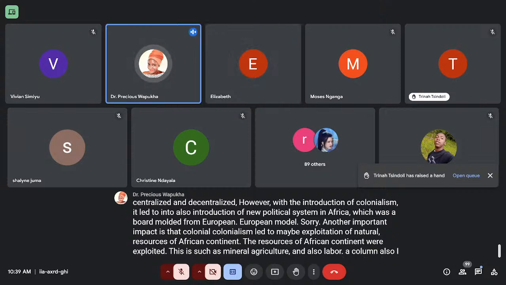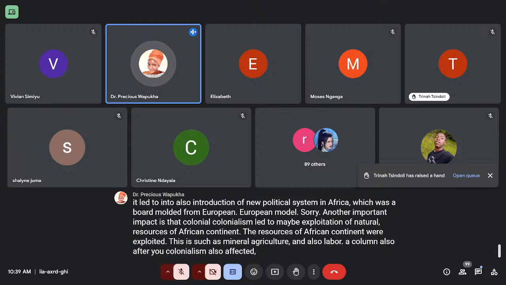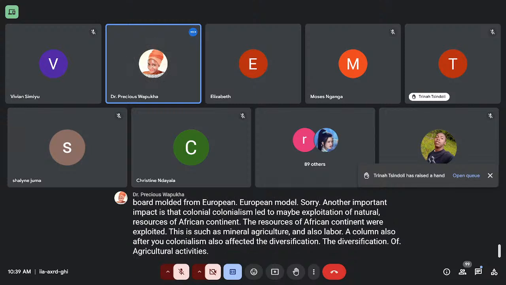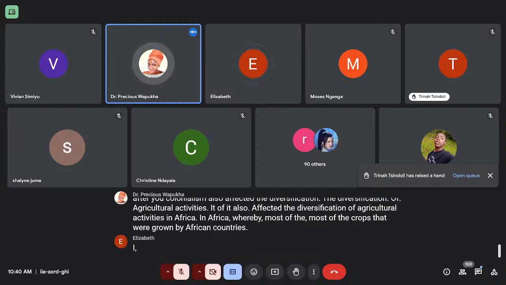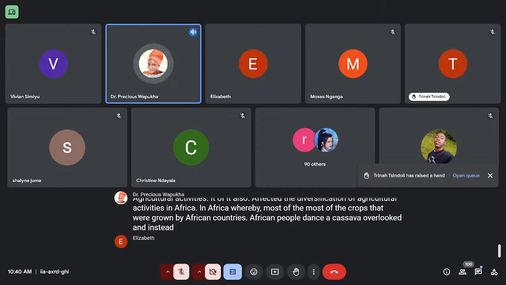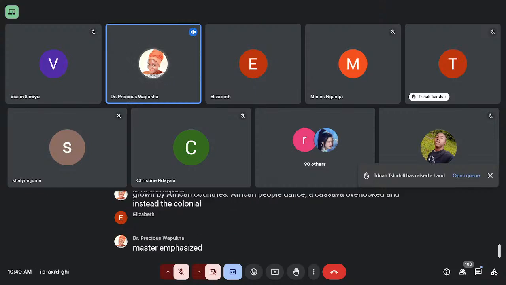Colonialism also affected the diversification of agricultural activities in Africa, whereby most of the crops that were grown by African people, yams, cassava, were overlooked, and instead, the colonial master emphasized the growing of cash crops such as cocoa, coffee, and cotton.